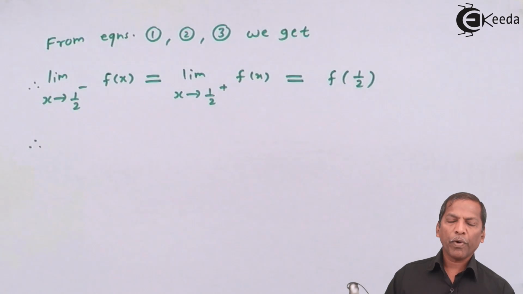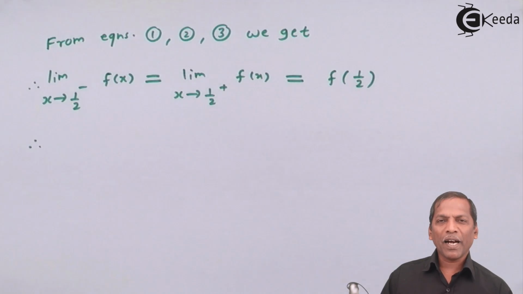And from this we conclude that the given function f of x is continuous at the indicated point x equal to 1 by 2.